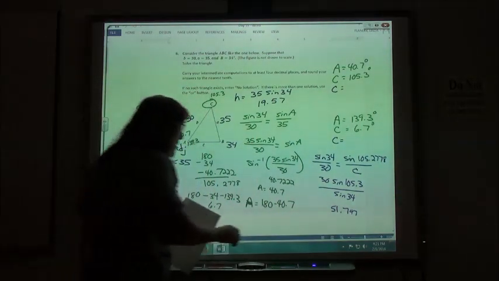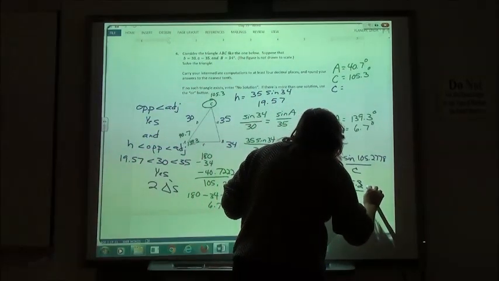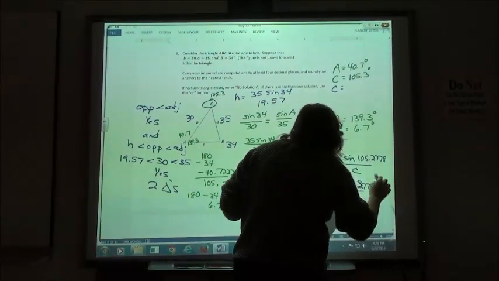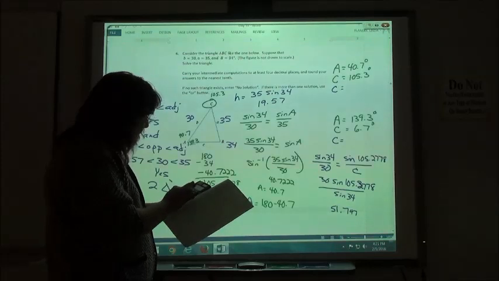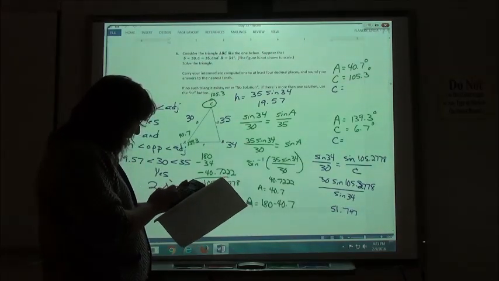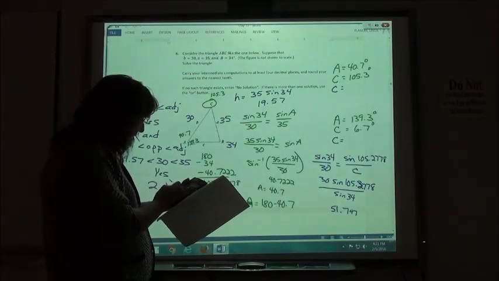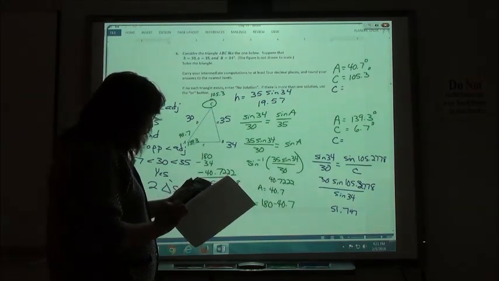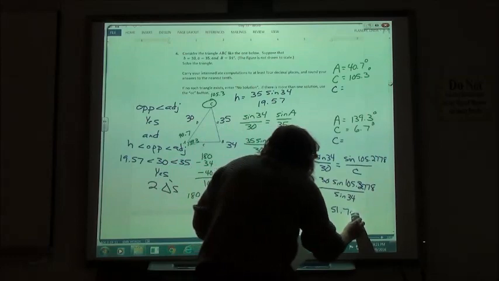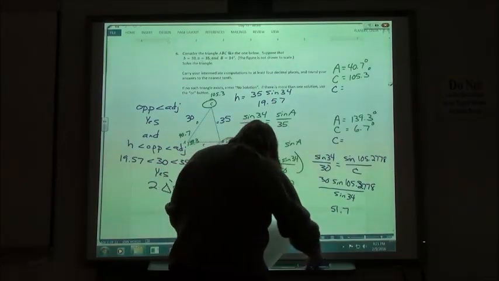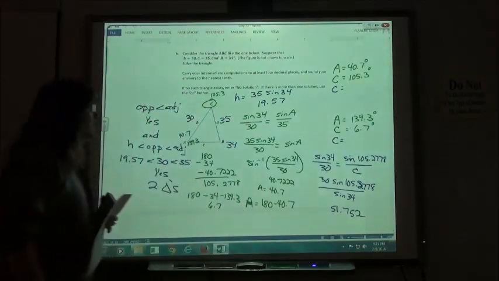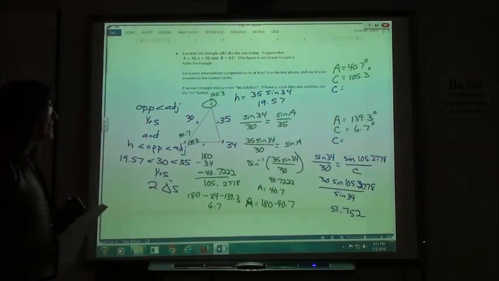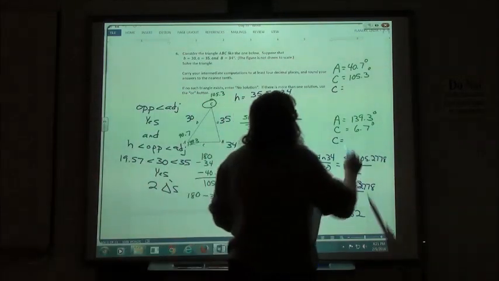So now if I recalculate that using the 0.2778, 30 times the sine of 105.2778 divided by the sine of 34. Now I'm getting 51.752. And so when I round that off to the nearest tenth, I get 51.8.